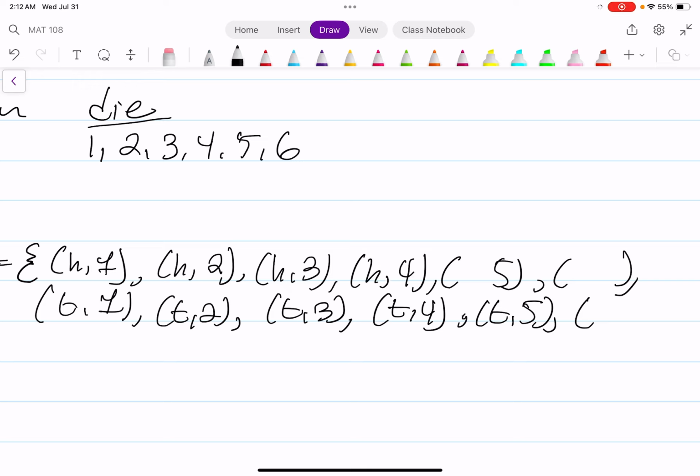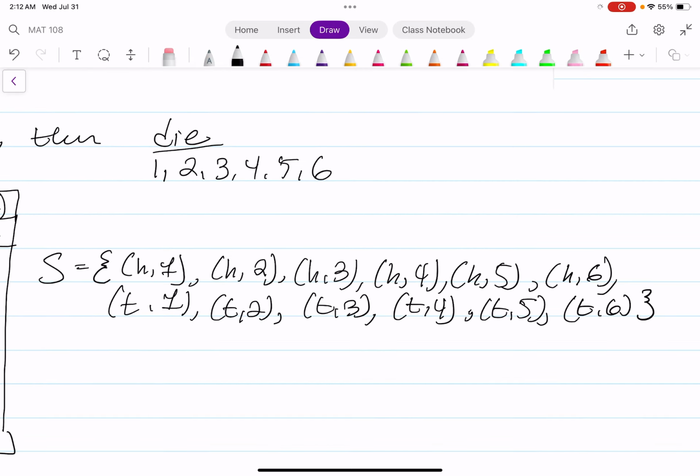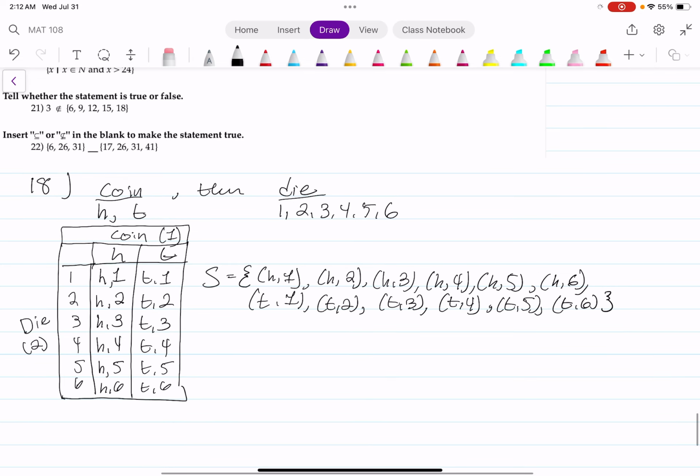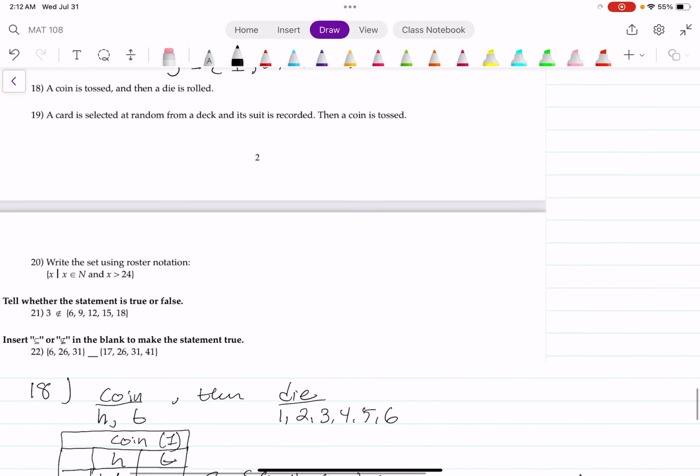So H4, H5, H6, tails 6 goes down here. Close that set up. Make my T's look more legible. And voila. That is my sample space for when I toss a coin and then I roll my die.